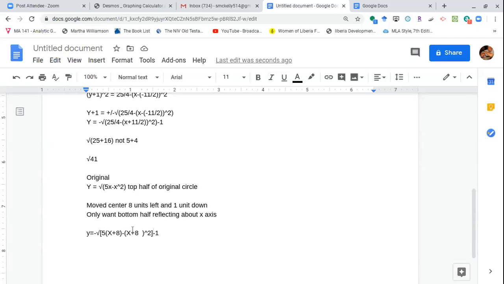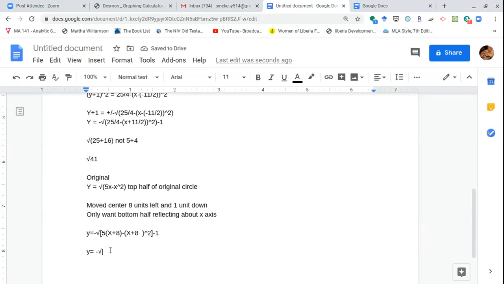It's going to look different than what I wrote here because it's not going to have any fractions in there, but you're going to have y equals, and you're going to have a negative, and a square root and a bracket.